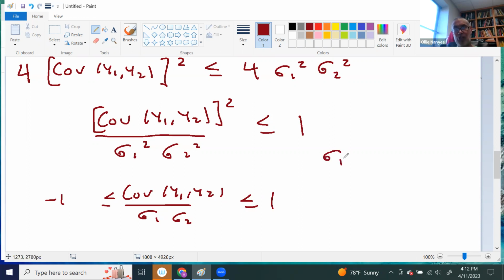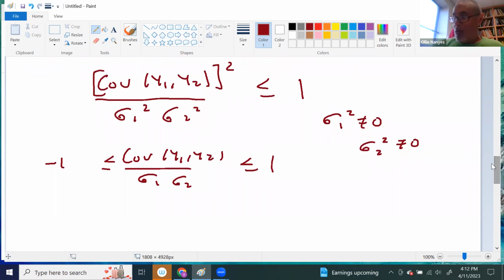And of course, this assumes non-zero variance, and it would be silly to calculate covariance if we had zero variance to begin with. So this, of course, is our correlation coefficient, rho. And that's what we set out to do.